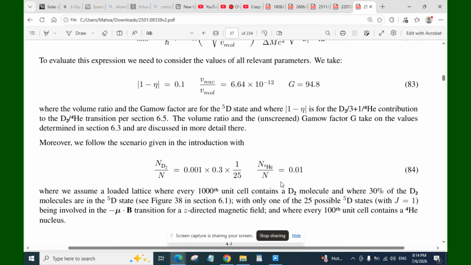Per section 6.5, the volume ratio and the unscreened gamma factor G take on the values determined in section 6.3 and are discussed in more detail here.